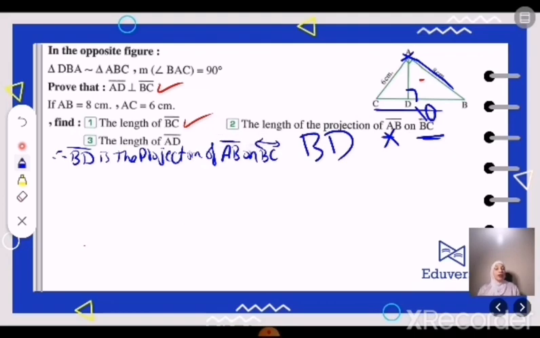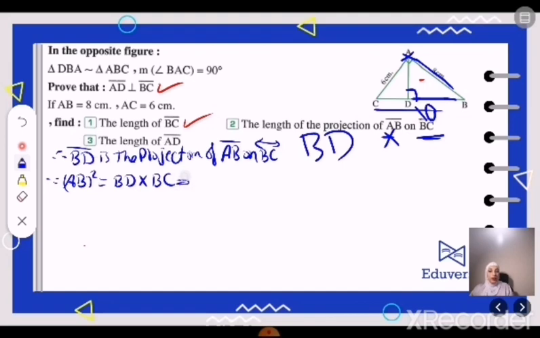Okay, how do we get the length of BD? BD we can only get using Euclid's rule of AB. So we will say that since AB to the power of 2 equals BD multiplied by BC. This is the only rule we can get BD in.